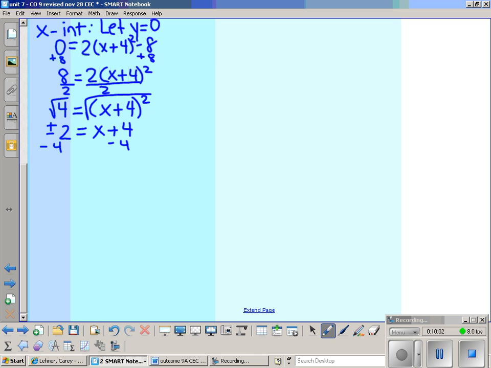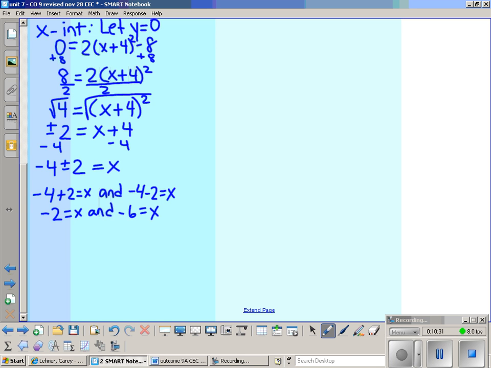And now what we have is negative 4 plus or minus 2 equals x. That plus or minus is still on the 2, not on the 4. So now we have 2 possible answers because we have 2 x-intercepts. So do one with a positive 2 and one with a negative 2. So we'll have negative 2 equals x and negative 6 equals x. And there are your x-intercepts, and you can write them as ordered pairs.